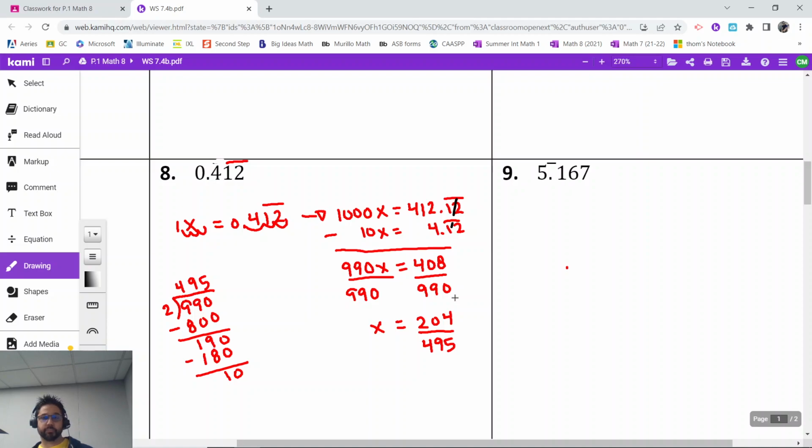I'm going to say, based off my quick understanding, I think I'm correct. But again, if I'm incorrect, go ahead and feel free to point me out. But again, let's double check. We got our 990. Subtract, get 408, right?